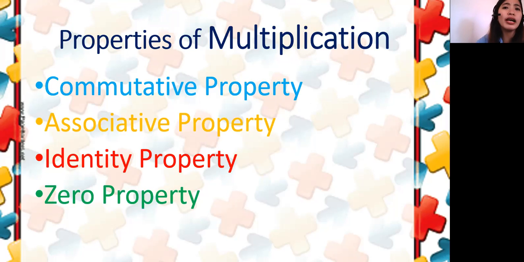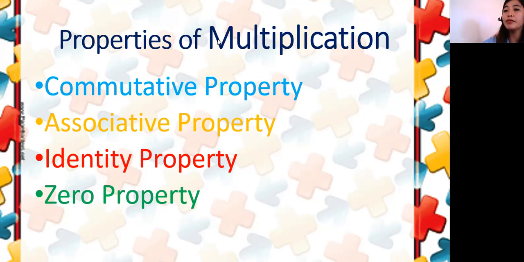For today, we're going to have a new topic for multiplication, and that is the properties of multiplication. Kids, if you can remember, we studied the properties of addition last time. This time we're going with the properties of multiplication, which is somewhat related.